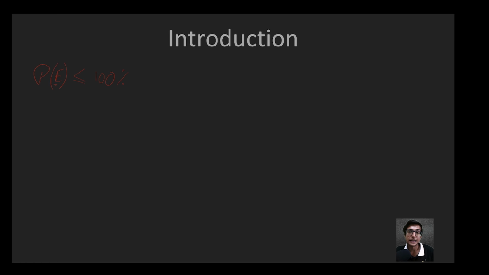So it has to be 100% or less than it, and it will always be greater than 0%. Or I can say that the probability of an event would be less than equal to 1 and greater than equal to 0. So this is the major thing that I'm talking about. Whenever you solve any type of question, you're going to find out the probability in terms of a fractional number, which is between 0 and 1. However, if you multiply it by 100, you will get the percentage possibility of that event occurring.